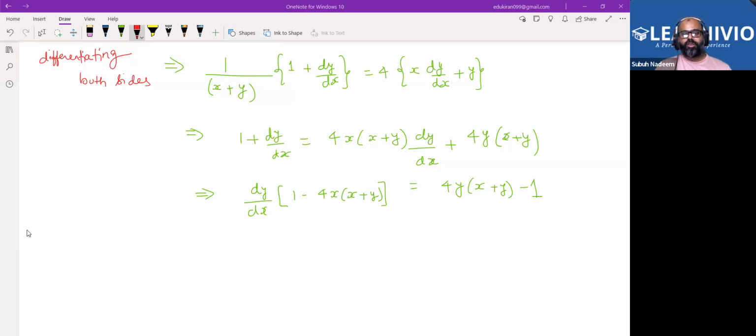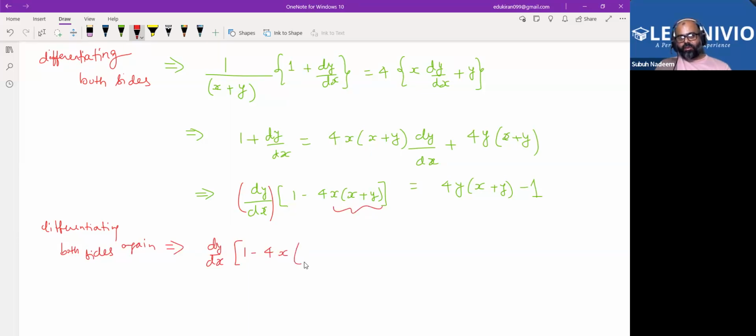Now we will differentiate again both the sides because we want the double derivative now. Differentiating both sides again. So this is the first part. We keep it here as it is and we differentiate the second one. So it will be 1 minus 4 and there will be product rule.